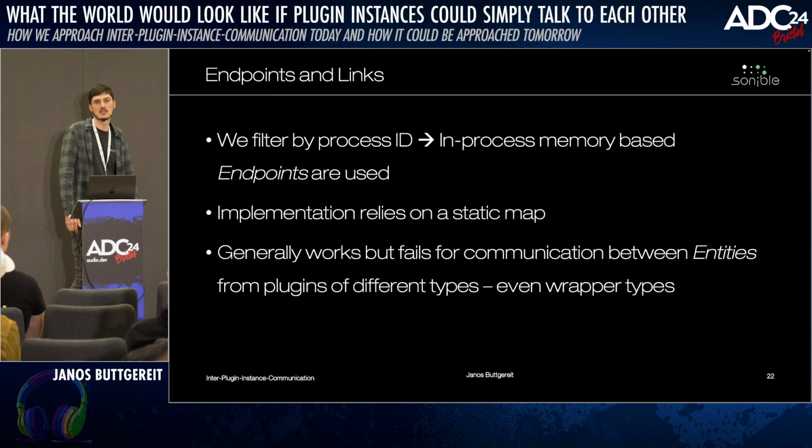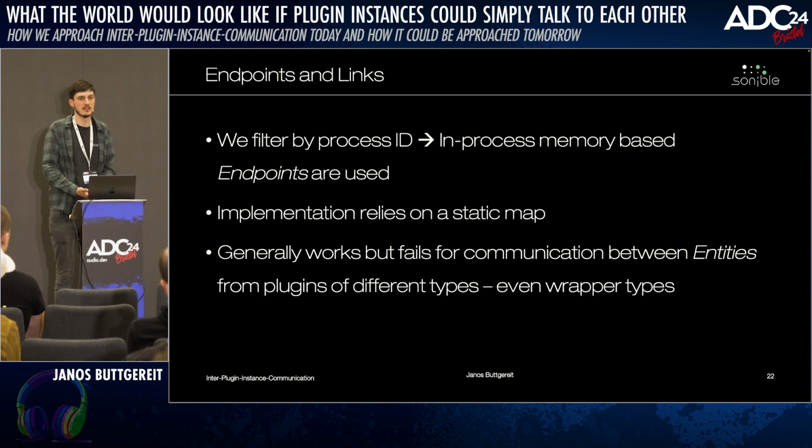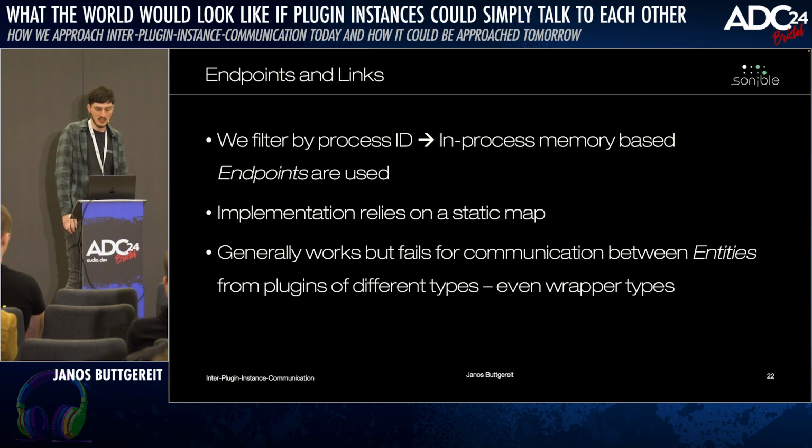And this is not so easy to solve. We actually can't even group a VST3 and an AU instance in hosts that support both, even if this would not be problematic at all. Don't know why you would want to do that, but these plugin instances just don't see each other in our current approach, or cannot contact each other because they are relying on these static maps.